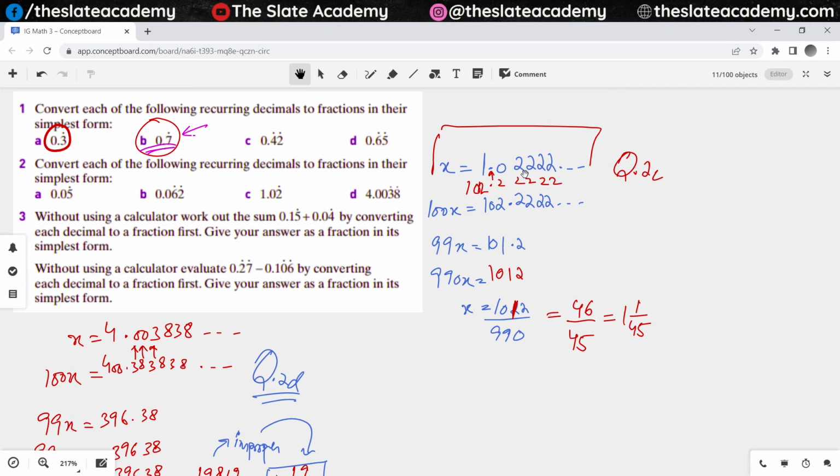All these 2's after the first 2 get cancelled if I subtract the two equations, and what remains is 102.2 minus 1.0, that would be 101.2.